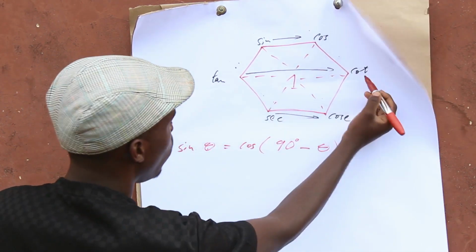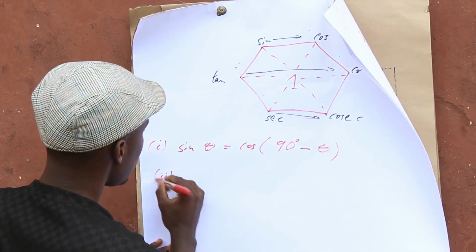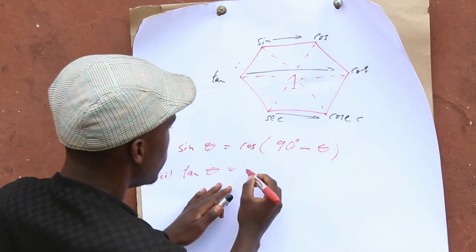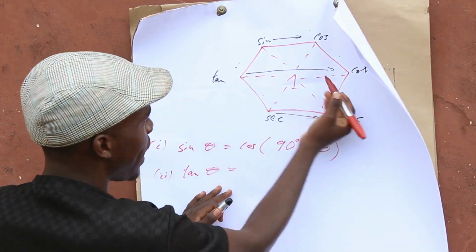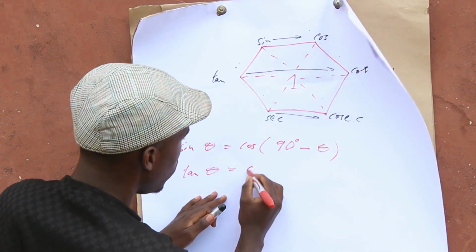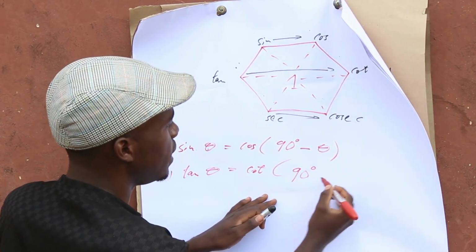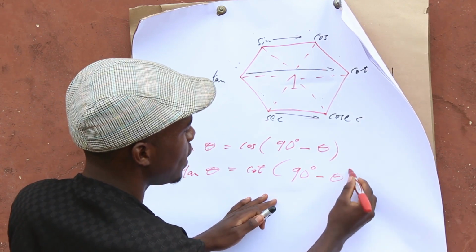You come here, you also derive for tan. Tan theta is equal to cot, applying the rule of complementary angles: cot, open bracket, 90 degrees minus theta.